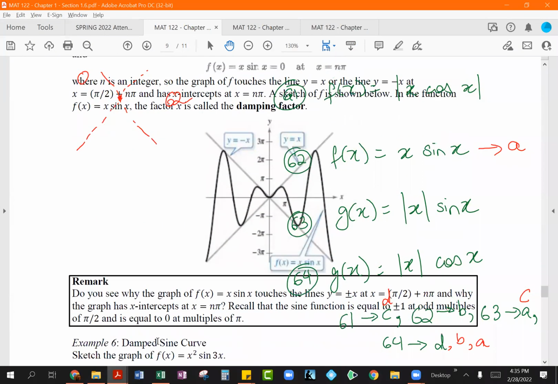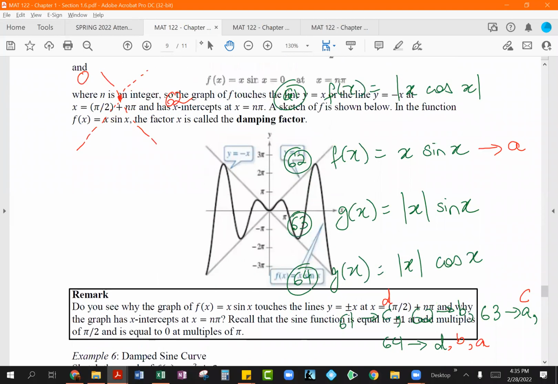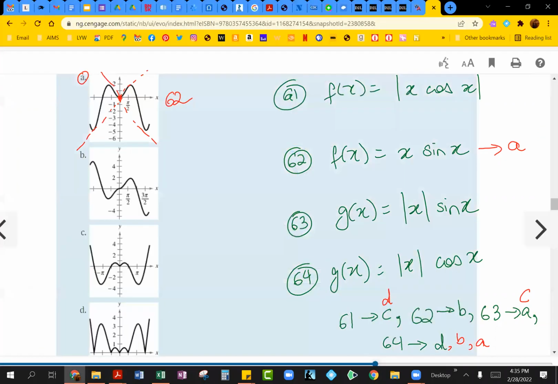The only difference in your textbook is they only show you this little portion of the graph, but it is the exact same function we did over here. I know it looks a little different, but 62 goes with A.